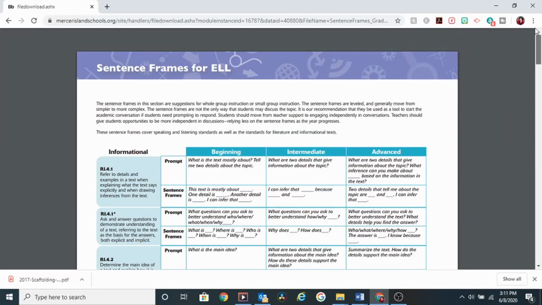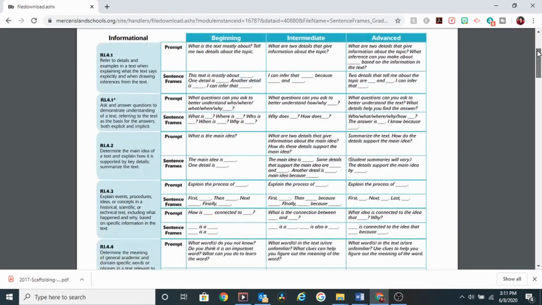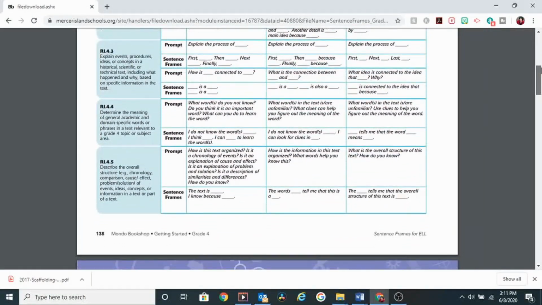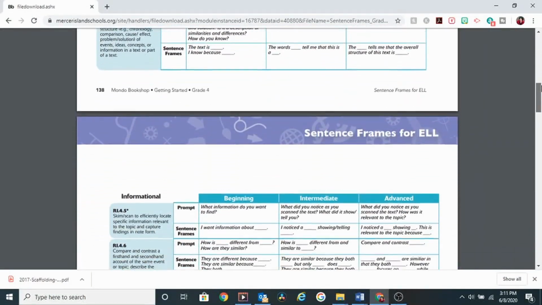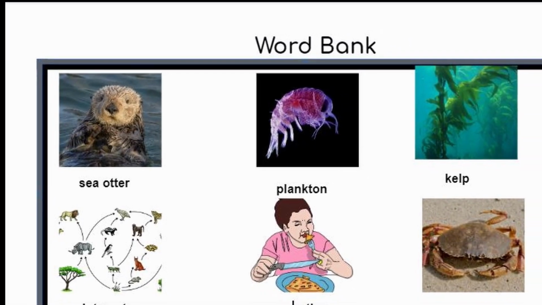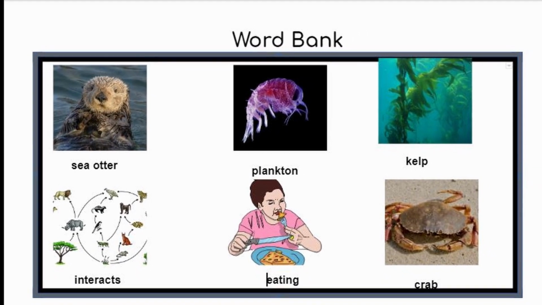And what I've done in the description below is I've listed examples of sentence stems that you can apply for students who are at the entering all the way to the advanced stages of learning English, as well as using word banks so that they're able to take all of those words and create a sentence out of that. I also use this differentiated depending on how much support the students need.